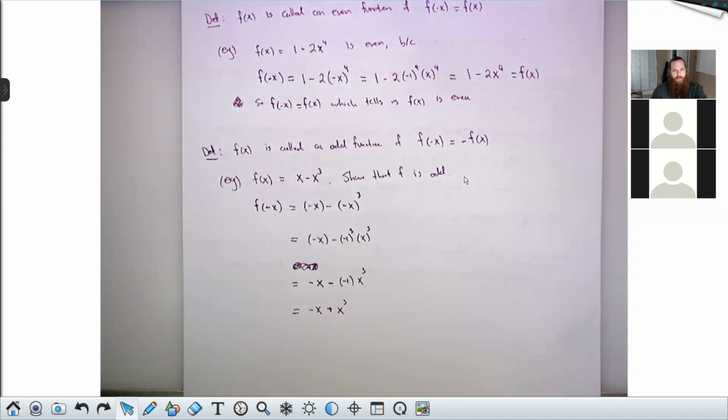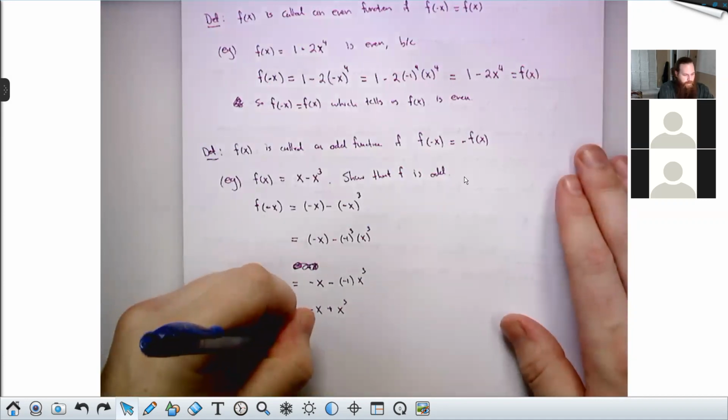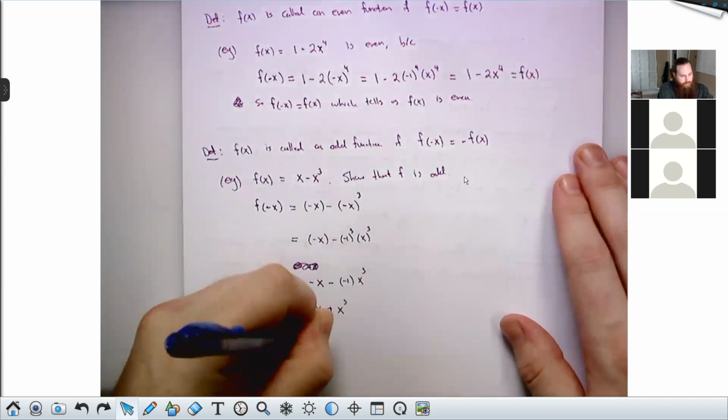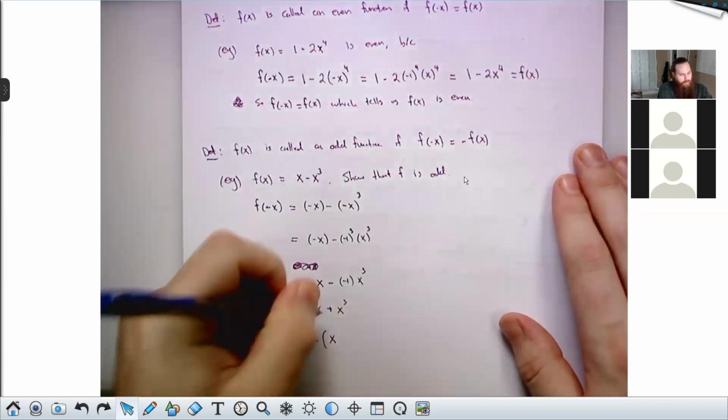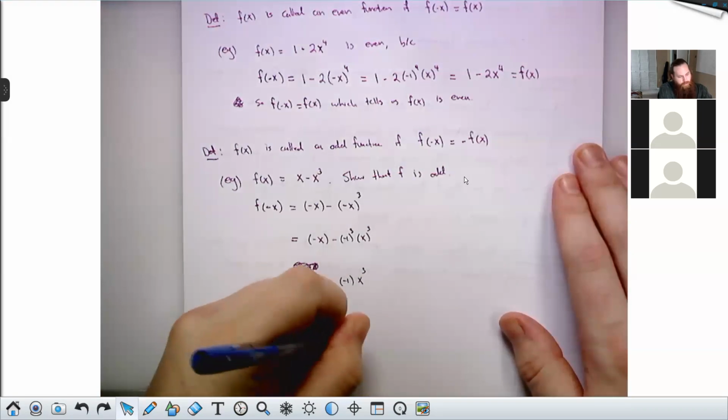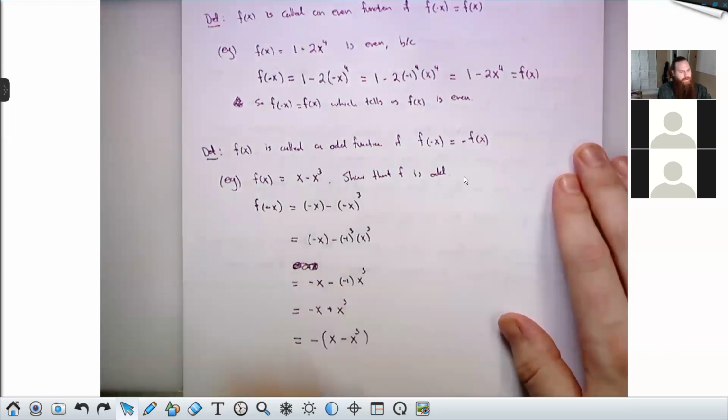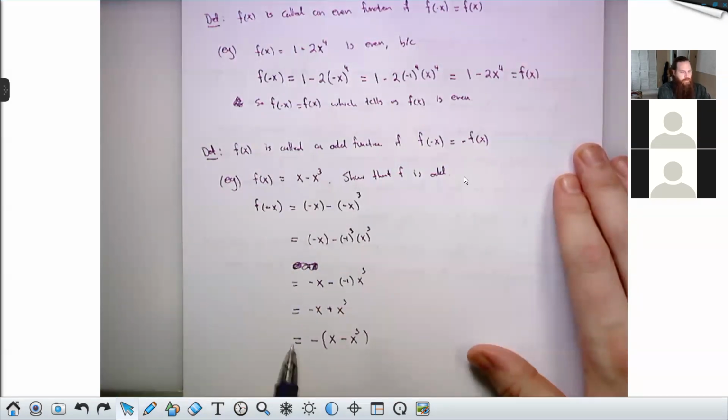Does anybody see an algebra step I could take from that last line? Yeah, factor out a negative. If I factor out a negative here, the negative of this piece will become positive and this piece will become negative. And now this is my original function.